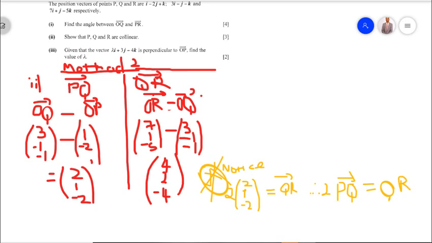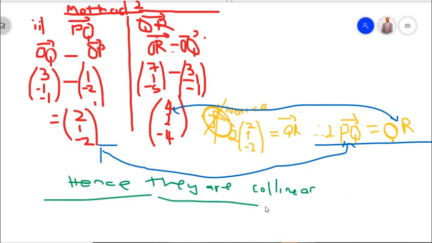Now we can write the conclusion. Hence they are collinear.